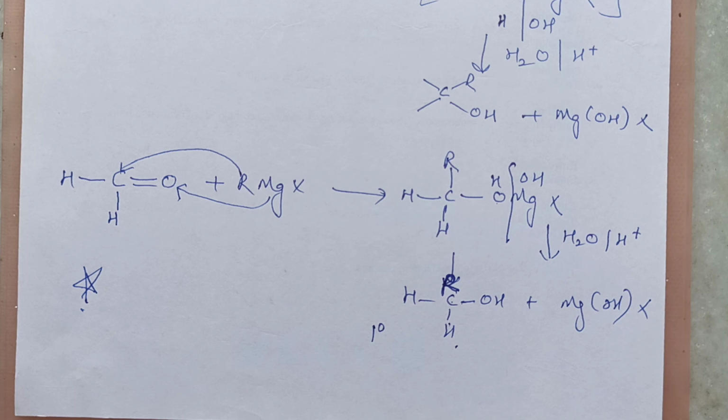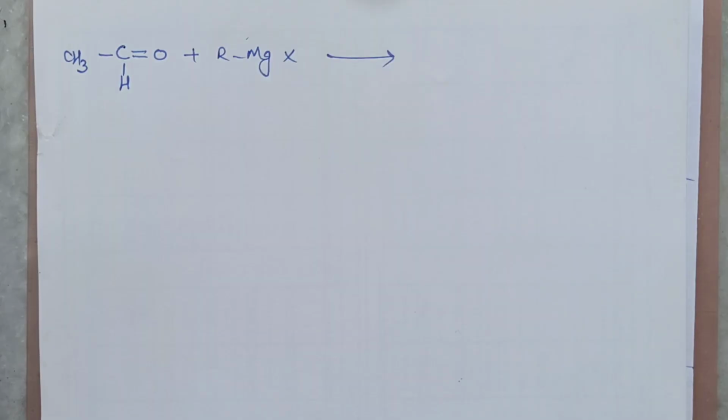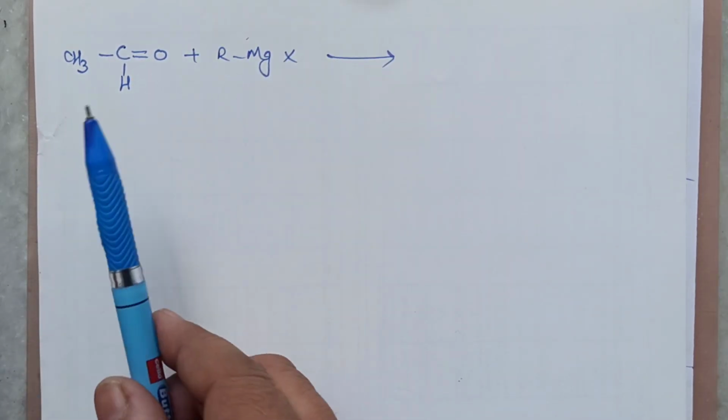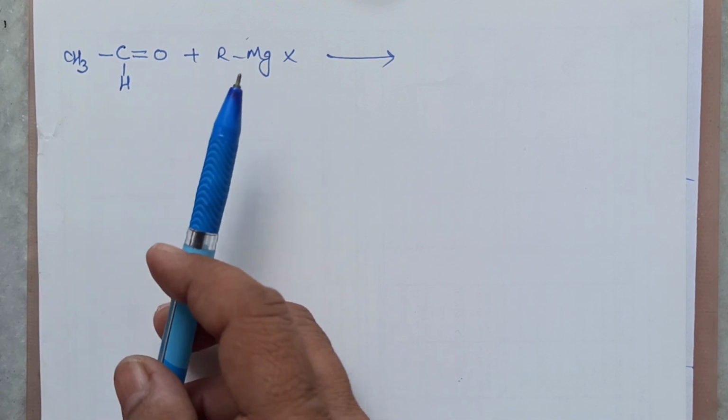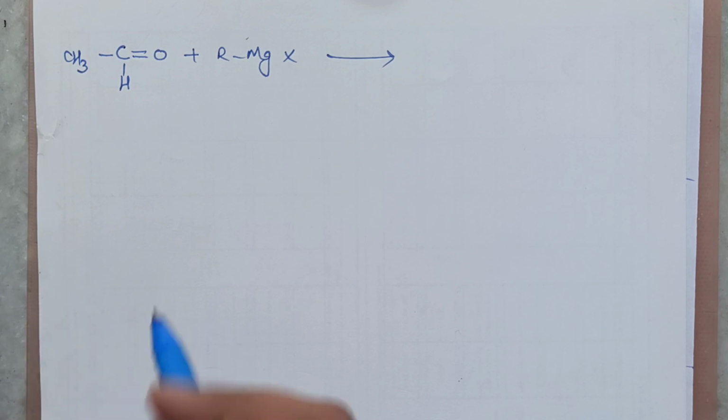If you want to prepare 2 degree alcohol, then you will have to use acetaldehyde here. Please note down this one first, then I will discuss the other one. Earlier I took formaldehyde and Grignard. Now I have taken acetaldehyde and Grignard. Actually any other aldehyde, not necessarily acetaldehyde.